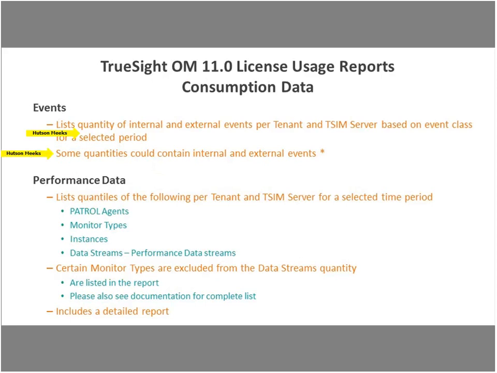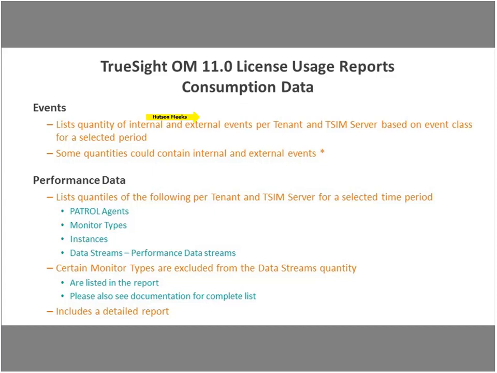For the event reports, the tip here to pay attention to is that some quantities could contain internal and external events. Okay. So the report will list a quantity of internal and external events independently.